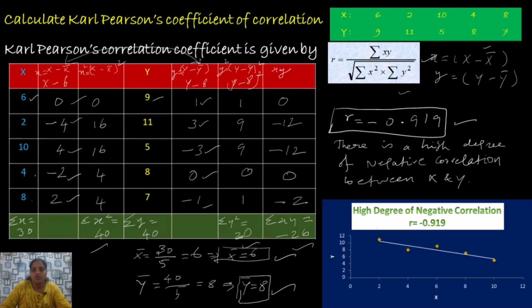Let me show you the graph of this scatter diagram of the variables x and y. So look at here, there is a downward movement, which means there is a high degree of negative correlation, isn't it? Because all the points here cluster around the straight line, that is, very small deviation of the points from the line. So there exists a high degree of negative correlation between the two variables x and y.